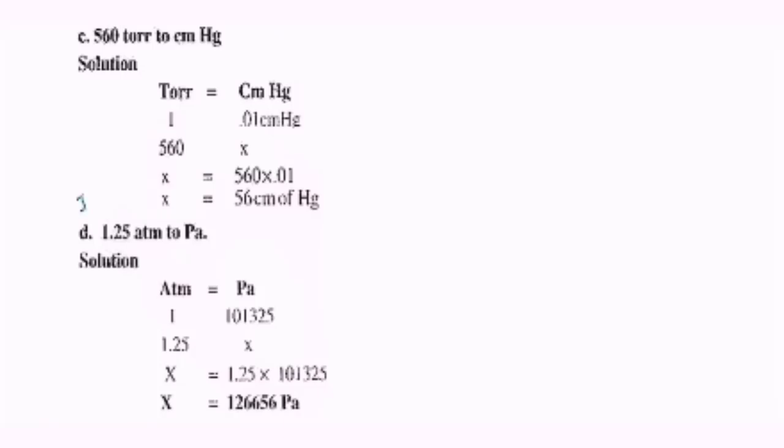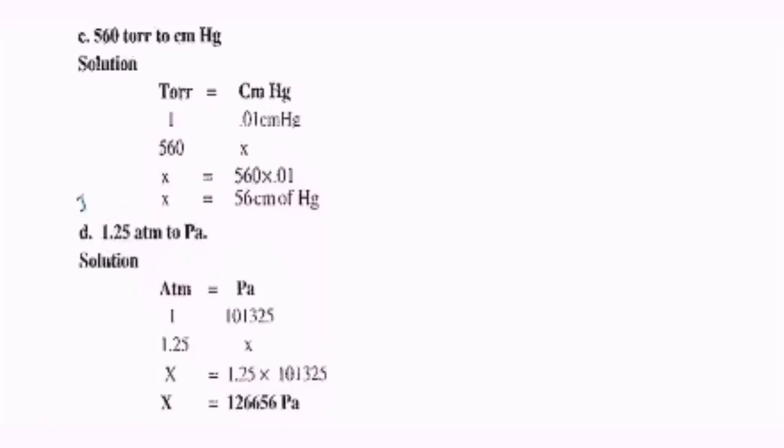Now the next is 1.25 atm into Pascal. Now 1 atm is 101,325 Pascal. 1.25 is the data given, we denote it with x. Now to find out the value of x, we multiply 1.25 with 101,325, as we have to convert atm into some other unit.